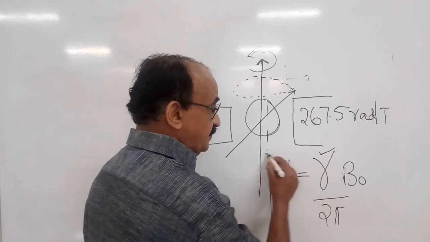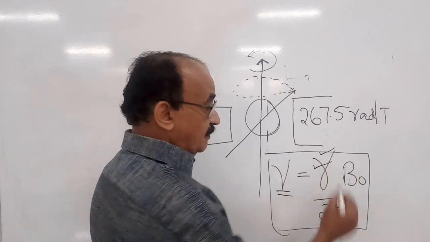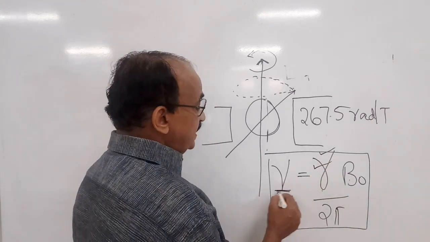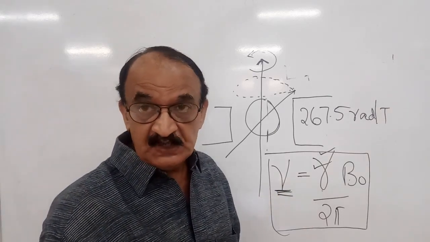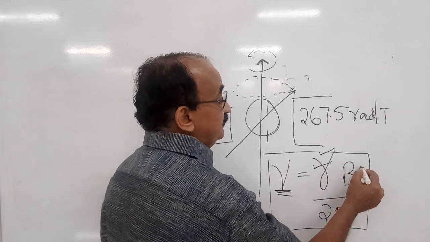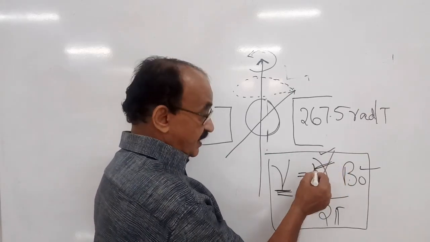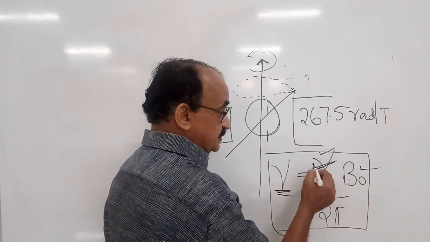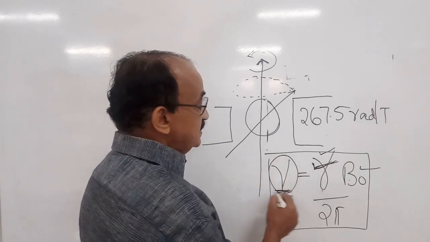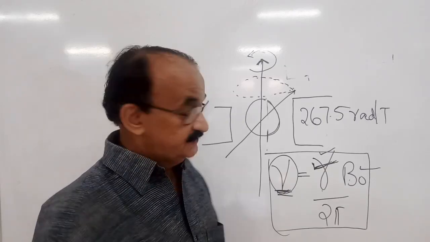So this equation is very important. If you know the value of gamma, you can calculate the frequency of radiation required for the excitation of the nucleus under a magnetic field B0. So if you know the value of B0 and the gyromagnetic ratio, you can calculate the frequency of radiation required for the excitation of the nucleus.